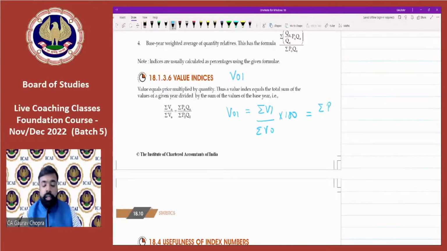So we can write sigma P1 Q1. This is the value of current year divided by sigma P0 Q0, value of base year, and multiply by 100. So this becomes the formula for value index number. All right.